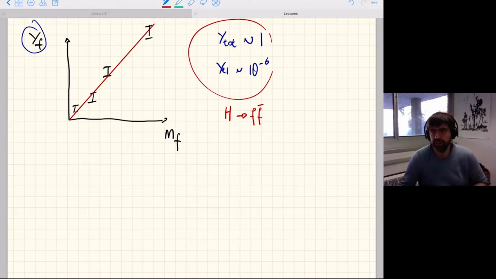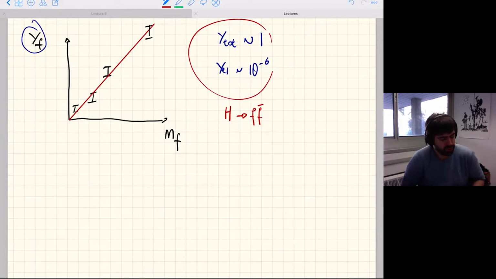Imagine you can build a machine that produces on-shell Higgs in the same way that LEP produced on-shell Z bosons. Then you can really study these branching fractions at very high accuracy, and try to see if the data tells you something about the underlying theory. Is there some pattern behind this flavor hierarchy?